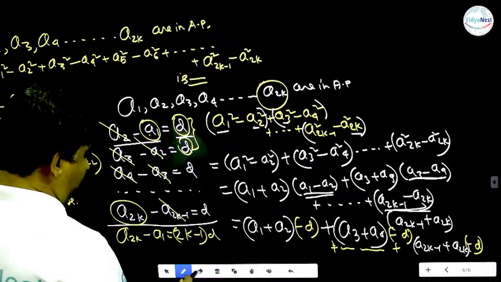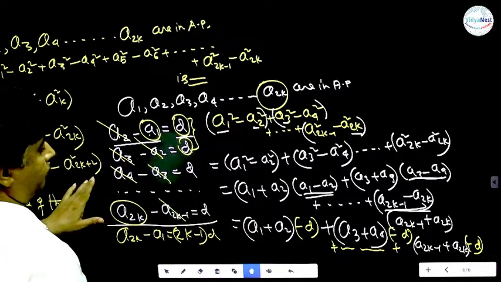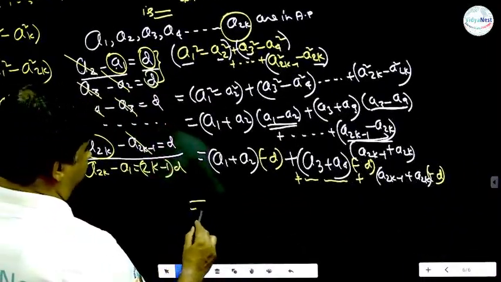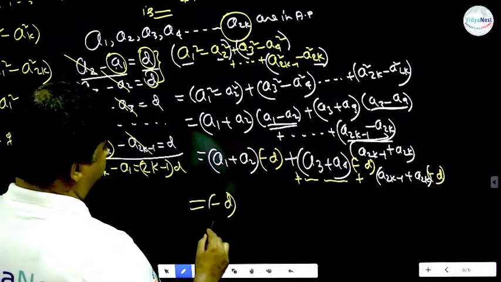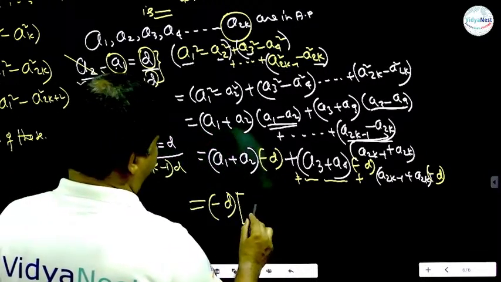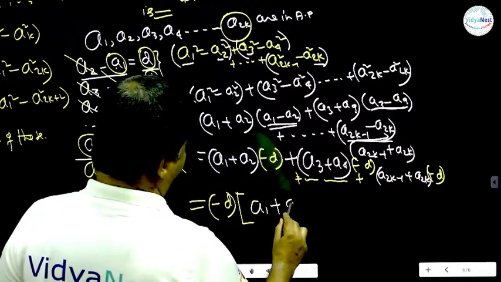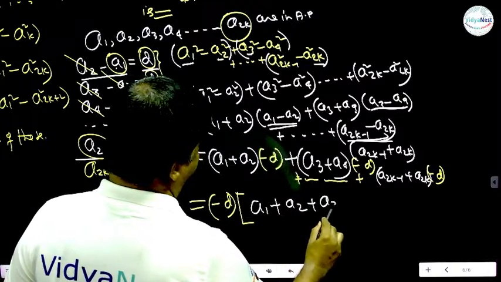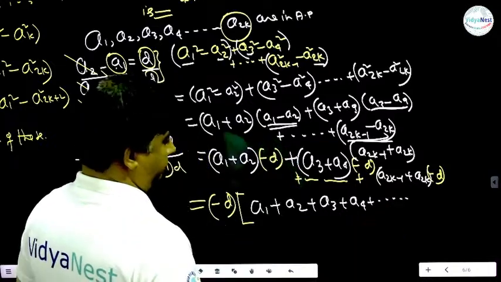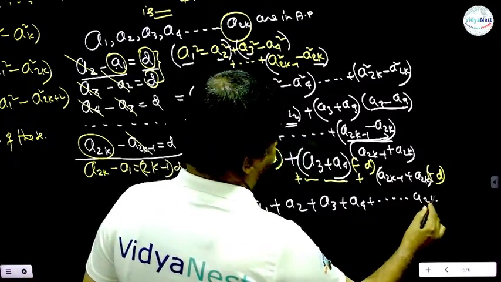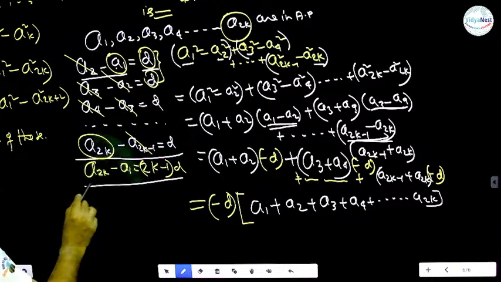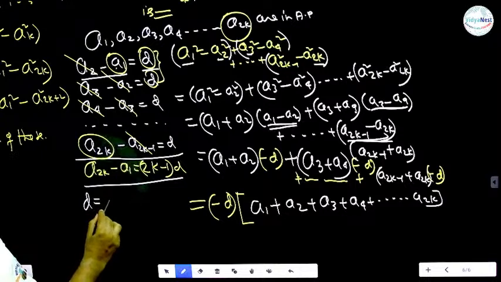Take minus d common. What will be left in the bracket? Up to a2k. Now what is minus d? We got d, so you extract the value of d.